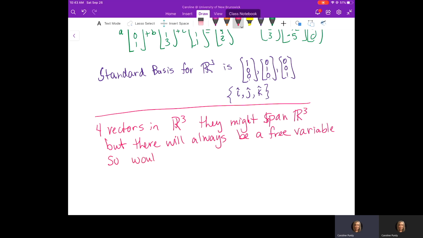So they would be dependent and not form a basis.